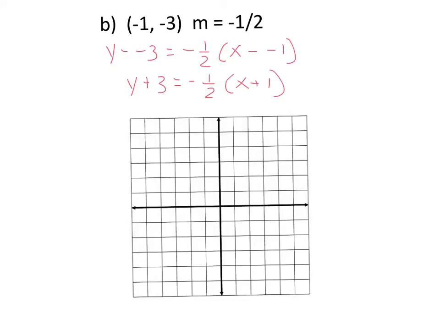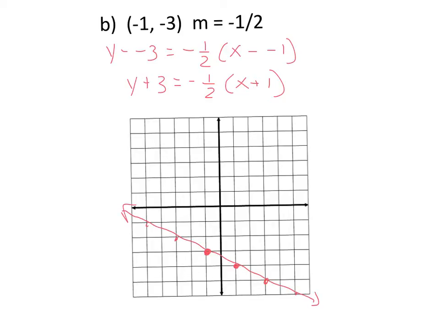Again, when you're graphing, graph the point they give you. So negative 1, negative 3, and then a slope of negative 1/2, down 1, right 2, down 1, right 2. And again, you get lots of dots, nice and pretty across your grid there. And then draw a nice straight line.